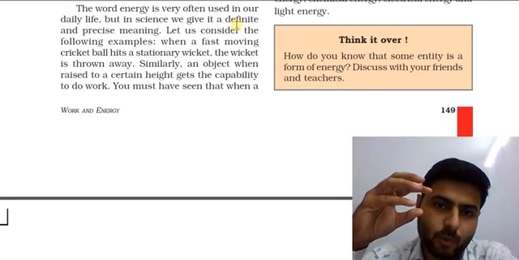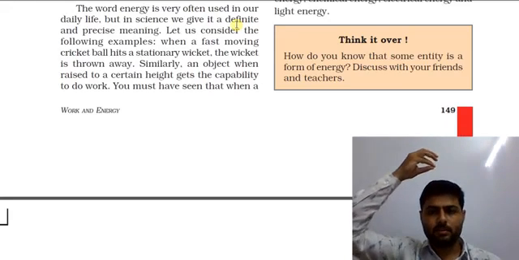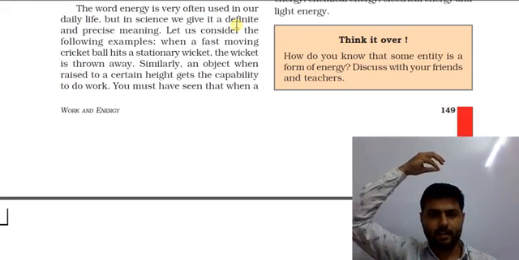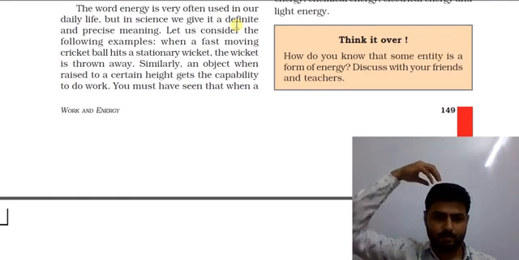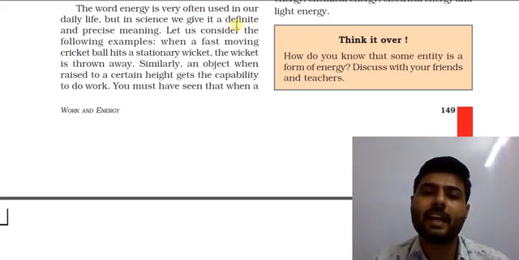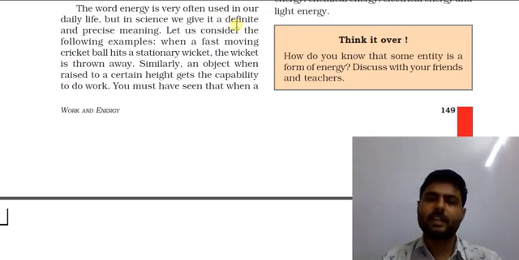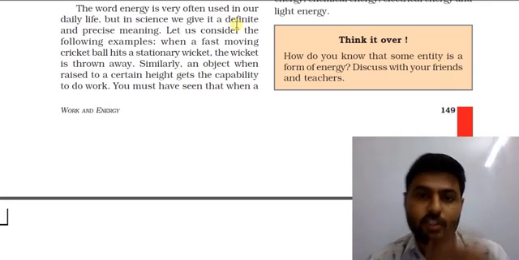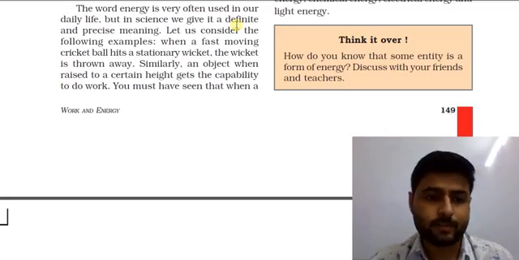If we take one stone, raise it above our head and release it, what will happen? We will get hurt. So there should be some energy by which it applies force on our head. So we can say that the stone at a certain height has a capability to do work.